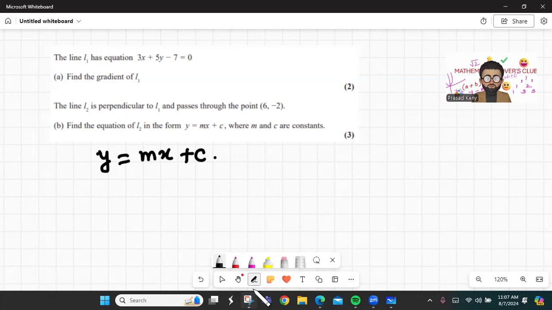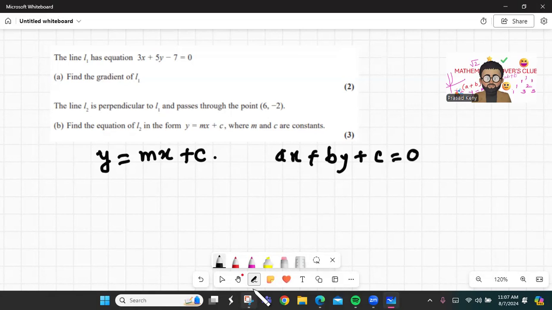But the equation that is given to us is not in the form y is equal to mx plus c. It is in the form ax plus by plus c equal to 0.